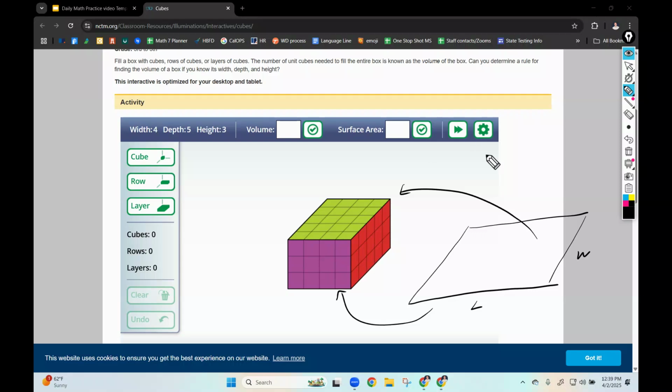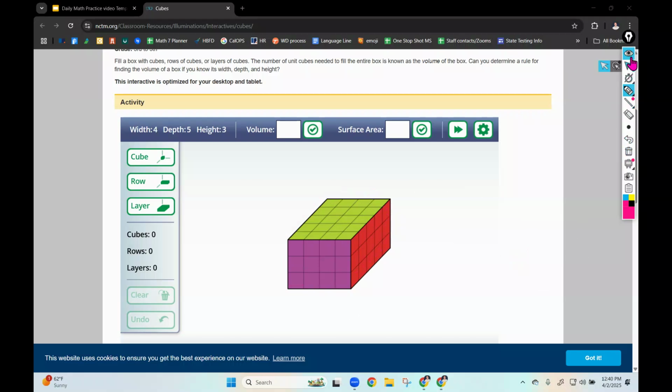And so the area of this wrapping paper would be the surface area, SA, of this prism. So that is surface area kind of as a concept.